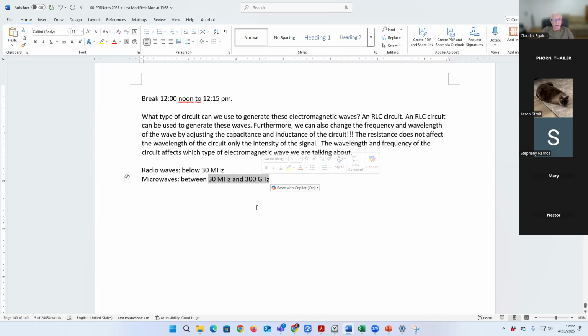Again, it's a circuit with a capacitor and an inductor. It would have a resistor there as well, which are adjusted in such a way to generate a microwave within this frequency.